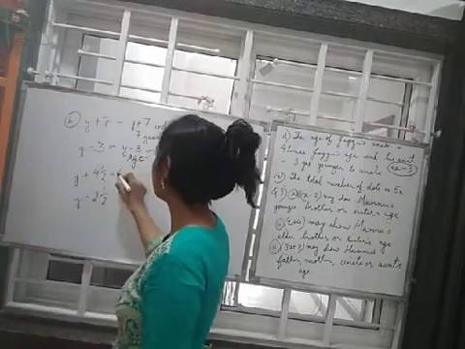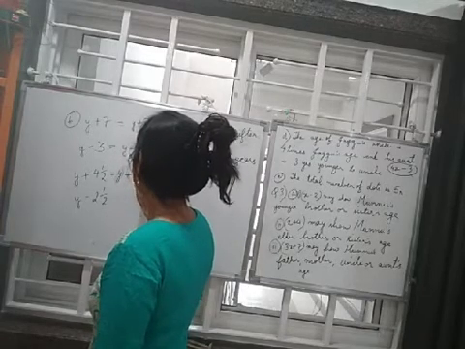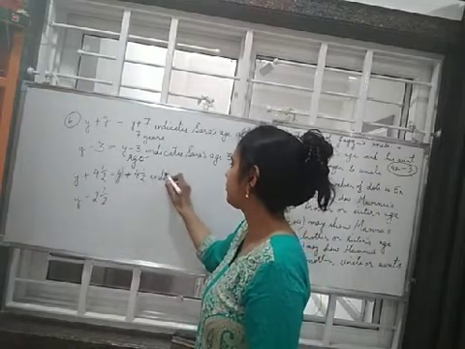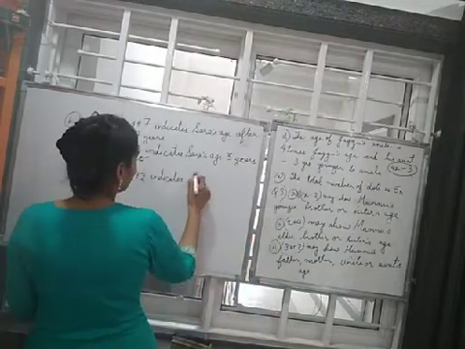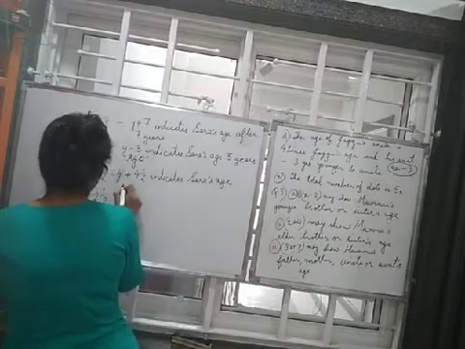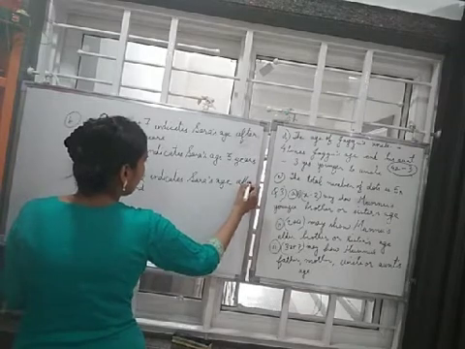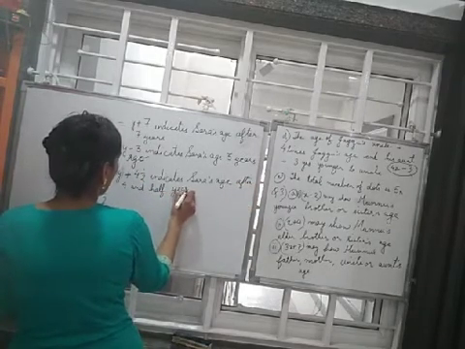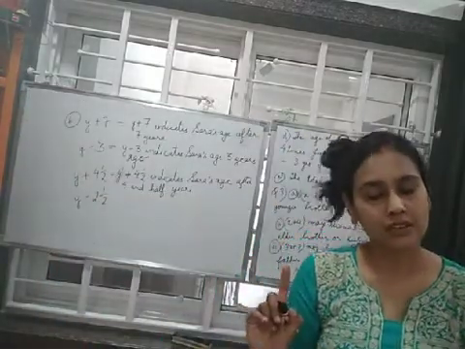Then this is Y plus 4.5 indicates Sarah's age after 4.5 years. Children, that is also correct.